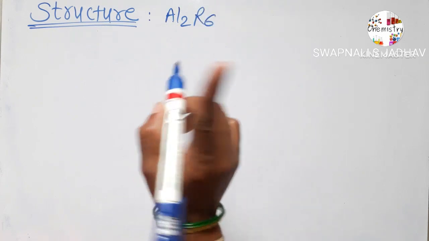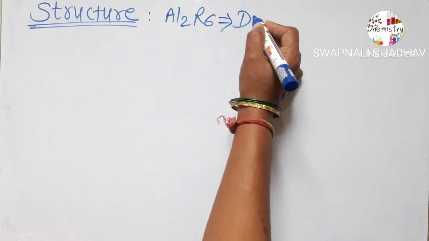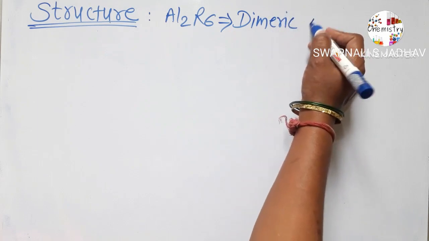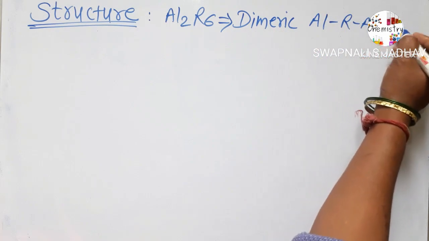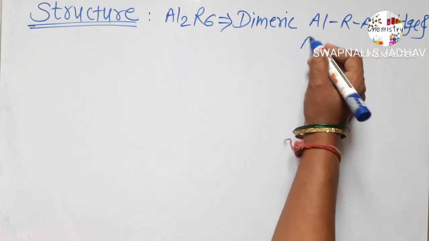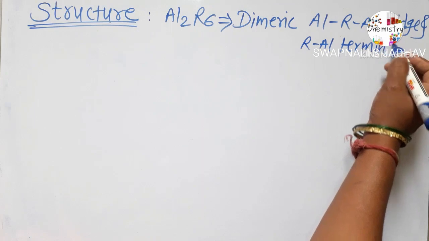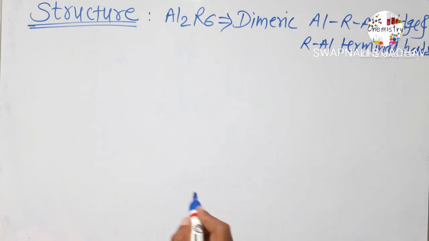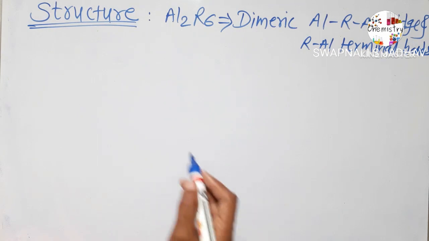So trialkyl as well as triaryl aluminium compounds exist in dimeric form containing Al-R-Al bridge and R-Al terminal bonds. How can we draw the structure for trialkyl aluminium dimer and triphenyl aluminium dimer?